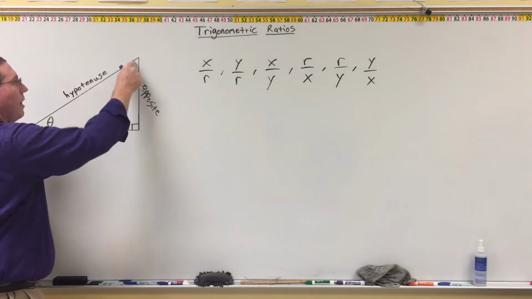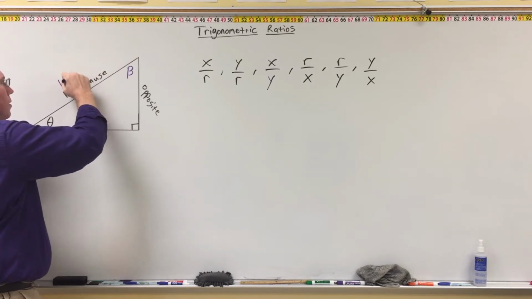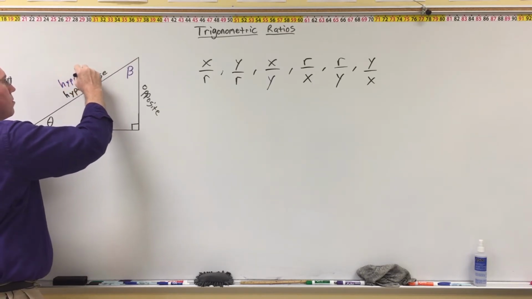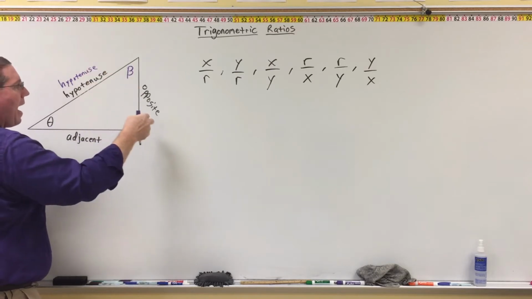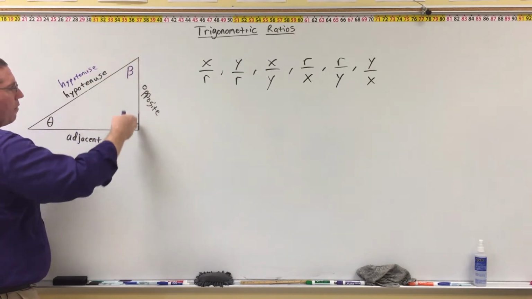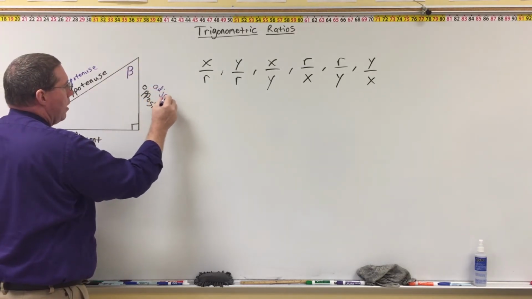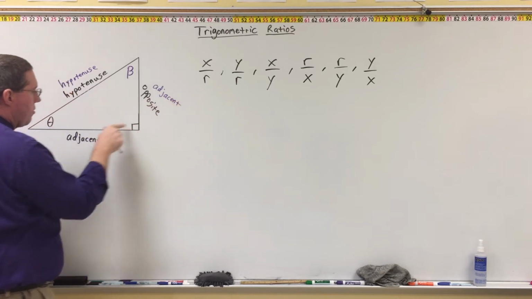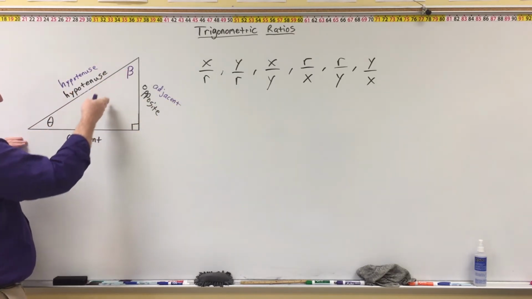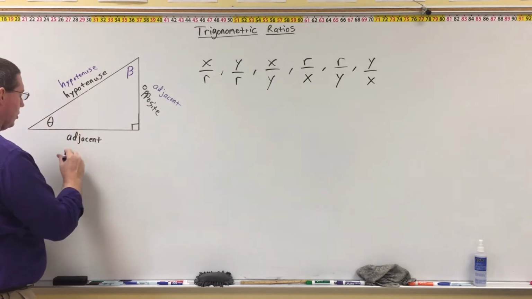Well, relative to this angle, this is still the hypotenuse. But now this side is next to angle beta. Therefore, this side magically becomes the adjacent side. And now this side over here is across from angle beta, and therefore this side magically becomes the opposite side.